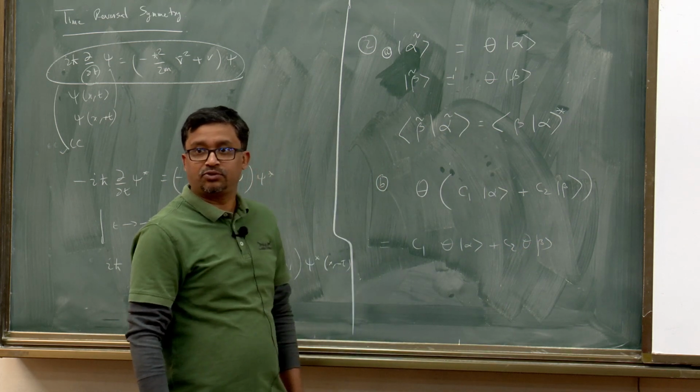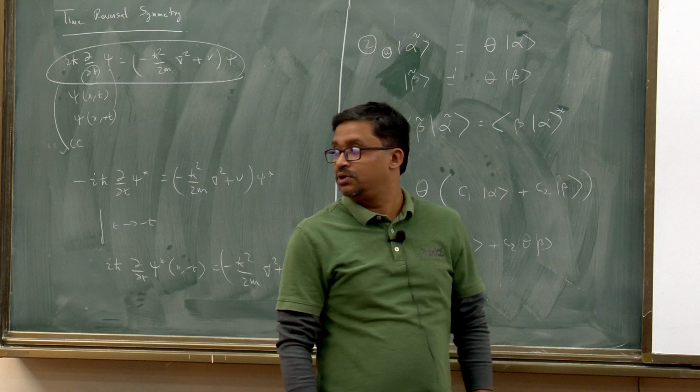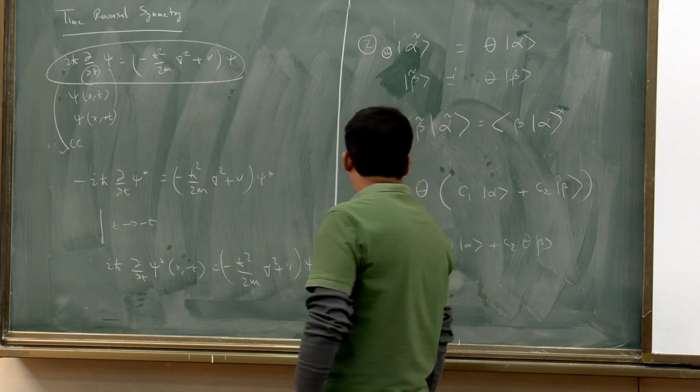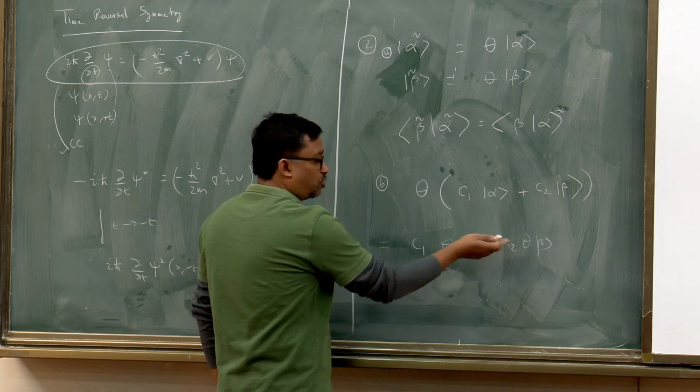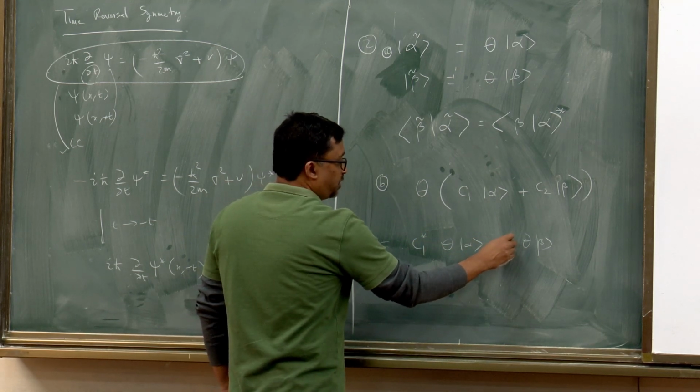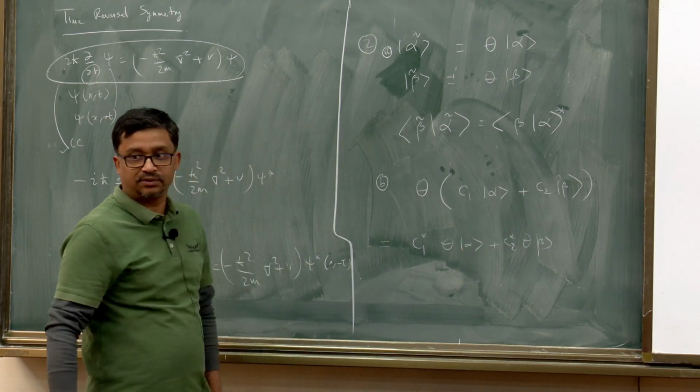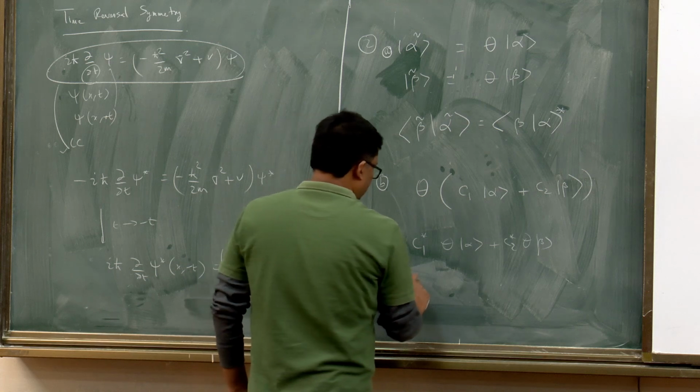In general that is true. For linear operators that is true, but for antilinear operators the way it is defined is that if you want it to go through, these coefficients would become complex conjugates. That is known as the antilinear property.